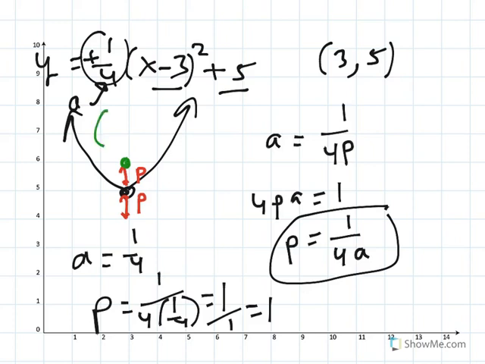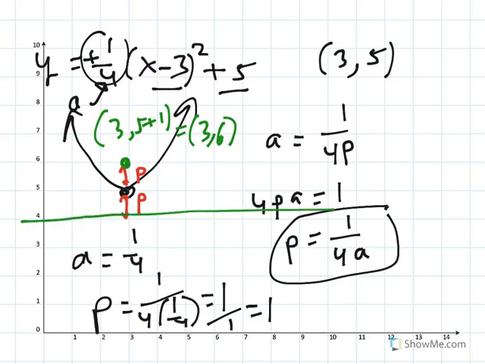So the vertex was 3, 5, so this is 3, comma, 5 plus 1, which is 3, comma, 6. That's the focus. The directrix is on the other side. It's y equals, in this case, 5 minus p, which is 5 minus 1, or y equals 4. That's the easiest way, especially if the equation for the parabola is given in vertex form.